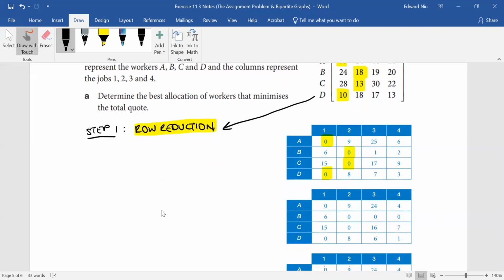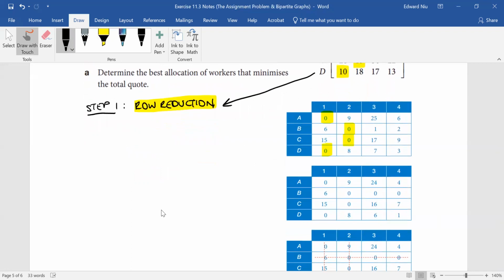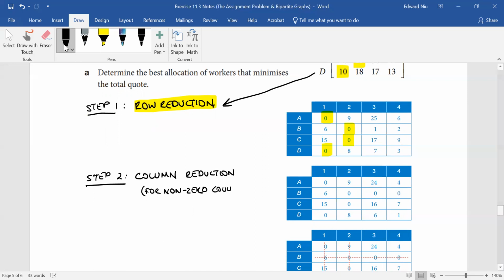Step 2, we do a column reduction, for non-zero columns only. Again, this is just the same steps as we wrote in the previous example, but I'm not writing the full paragraph.